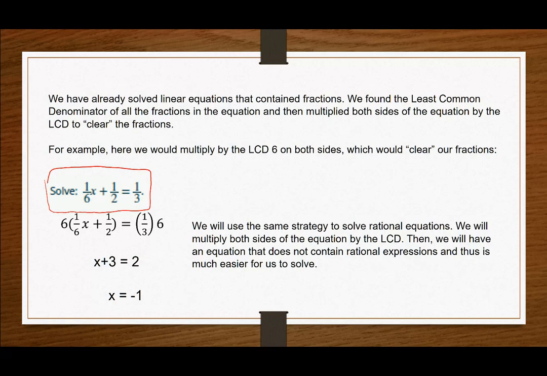So this idea that we can clear fractions using the LCD value is what we're going to apply to our equations today. Notice that as we identify the LCD value and use it as a multiplier, we go from a complicated situation to one that's quite simple to solve.